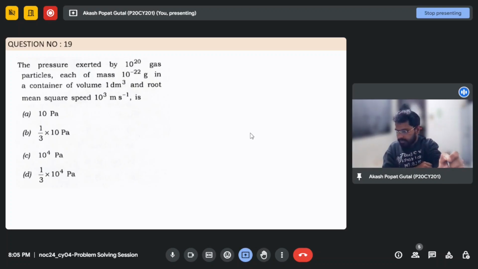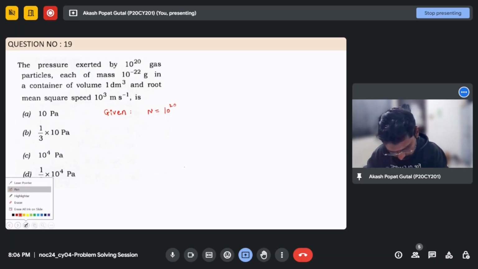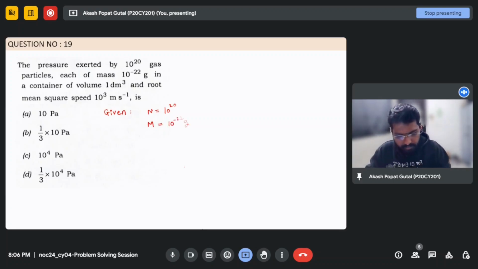So we'll start solving also, same recipe. The given quantities that we can see here: the number of gas molecules is given, 10 raised to 20, and mass is 10 raised to minus 22. One second, my pen is not working.